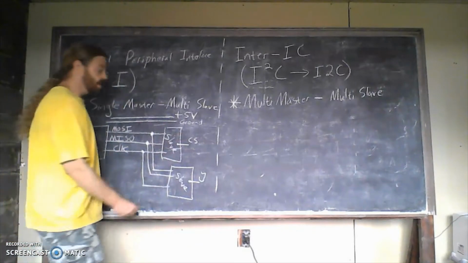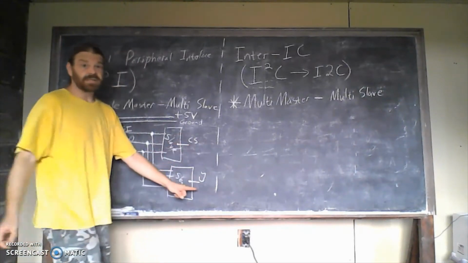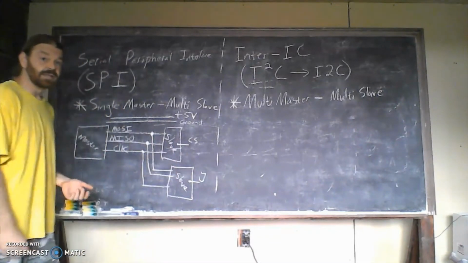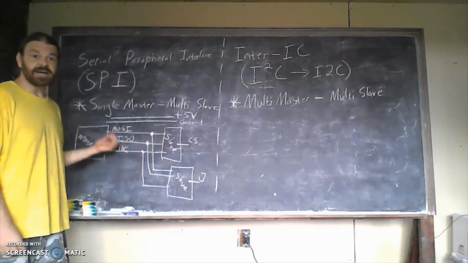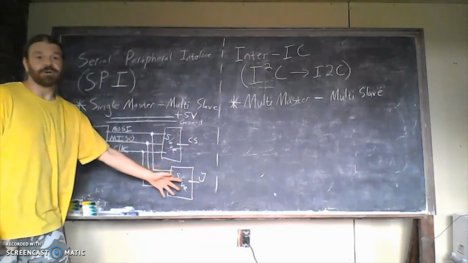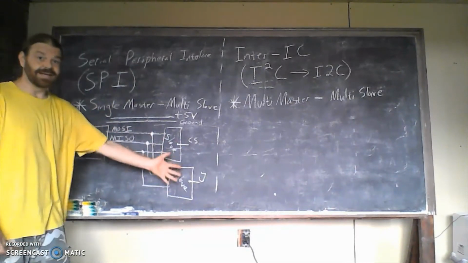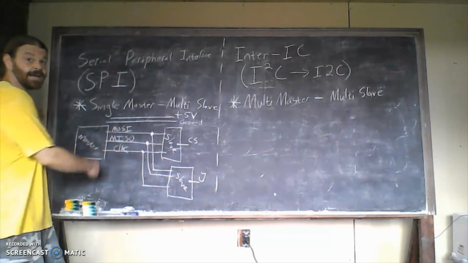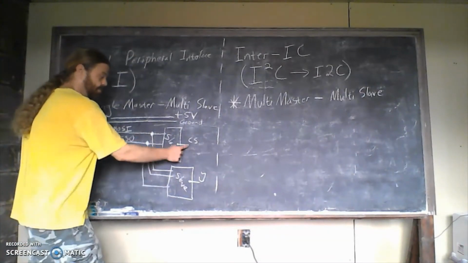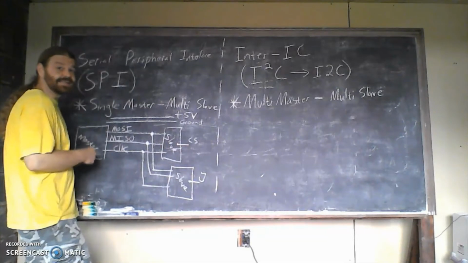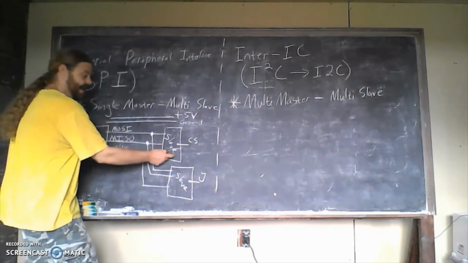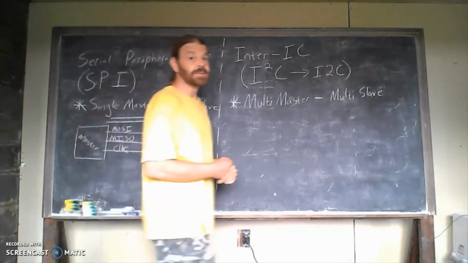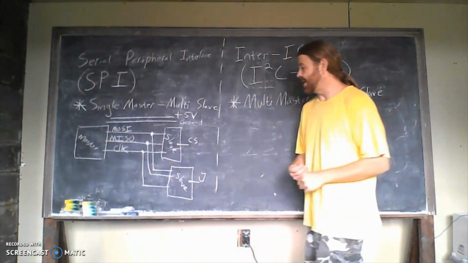Everything hears it, but only the device with the chip select set active will respond. So that's how it keeps that straight. The messages go across the entire network of integrated circuits, and whichever one has its chip select active at the time that message goes out is the one that responds. So that's how that's kept straight.